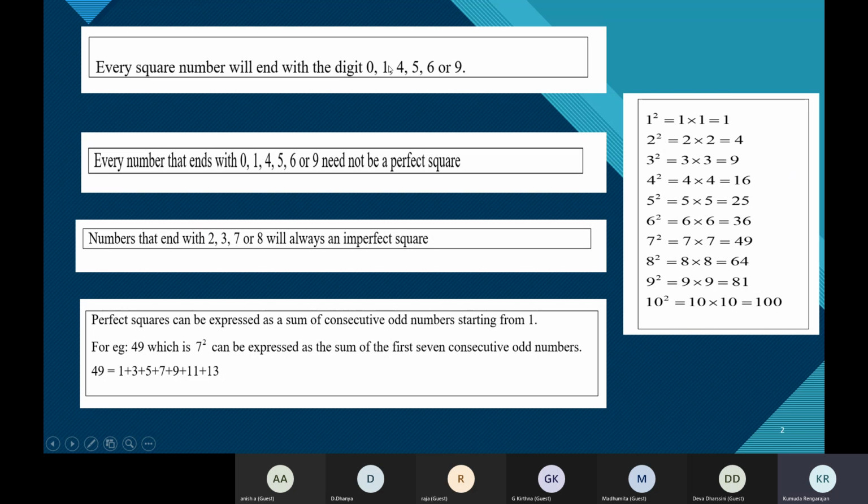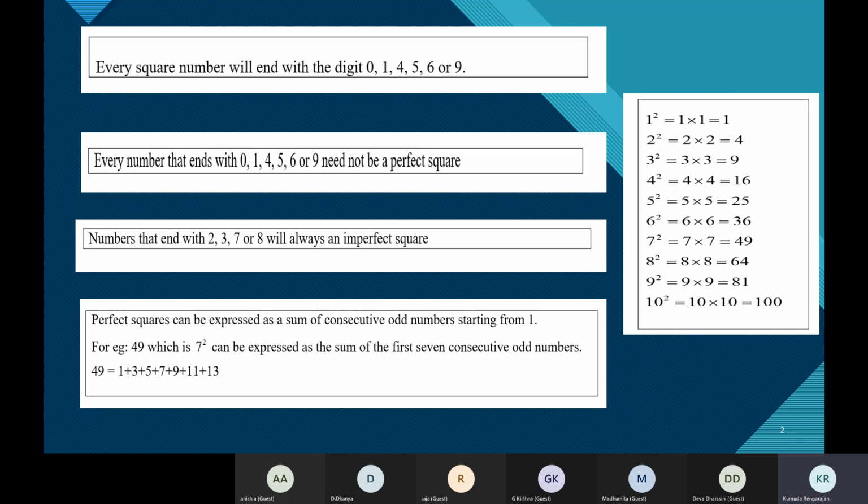So of these 6 digits, 0 and 5 only. For 5, only when it's 5, 5 5s are 25, or 15 into 15 is 225. 25 into 25 is 625. 35 into 35 is 1225, and so on.